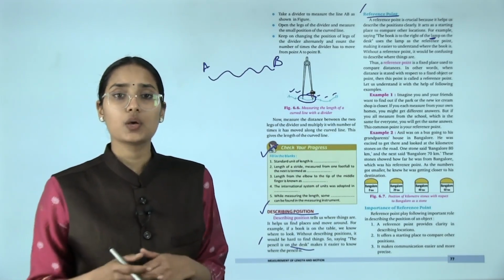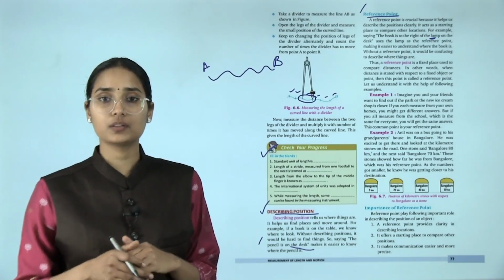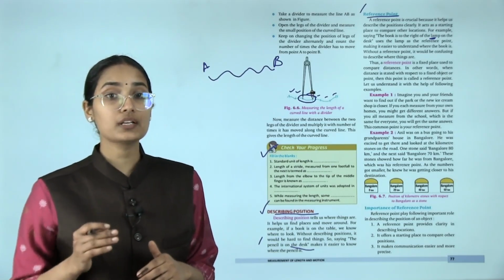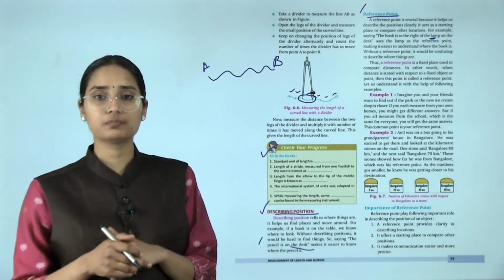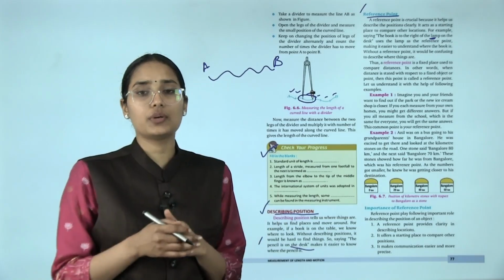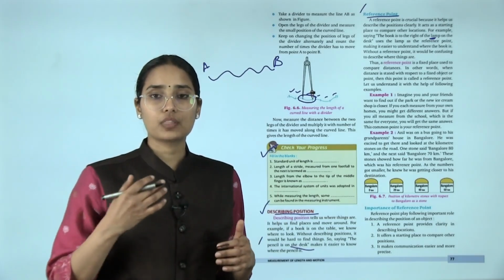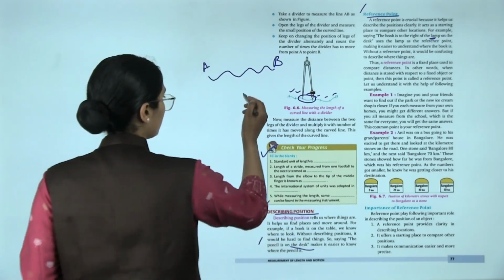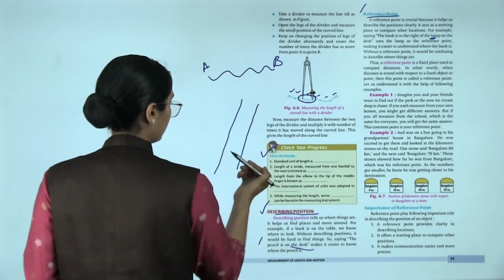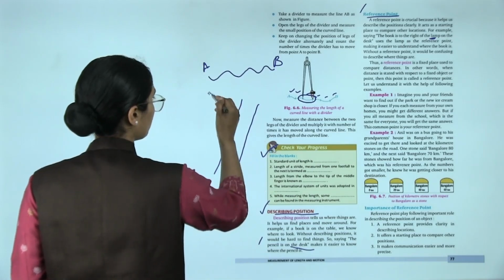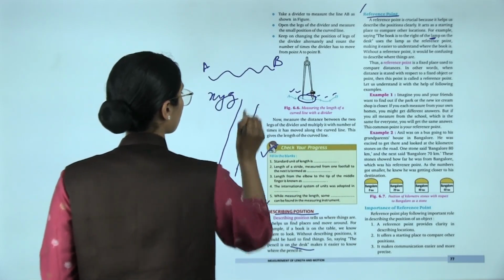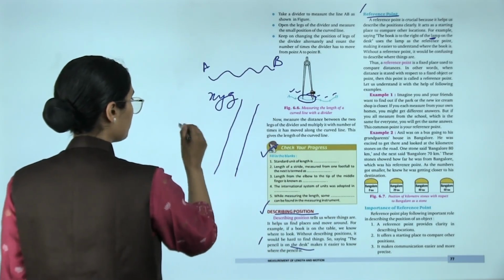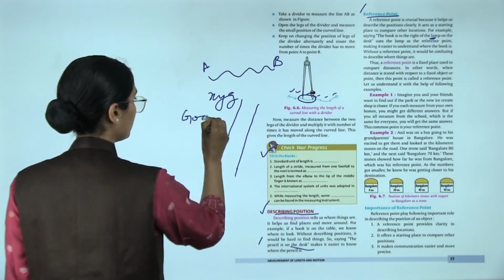In other words, when distance is stated with respect to a fixed object or point, then this point is called a reference point. So for example, let's say you have started traveling on a highway, which can be named XYZ, and you are moving from Goa to Delhi.